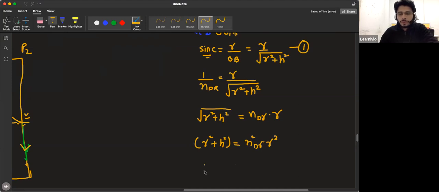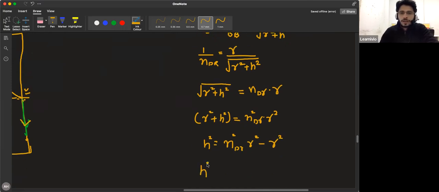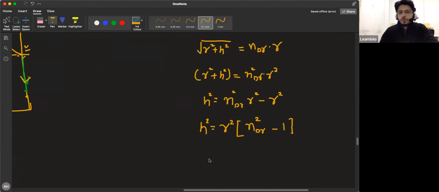So you can write that H square is n square R square minus R square. Next, you can take R square as common, so you are left with n square minus 1. So you can write that H is R times root over n square minus 1.